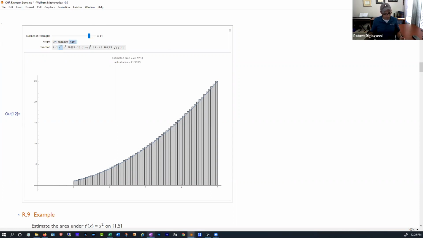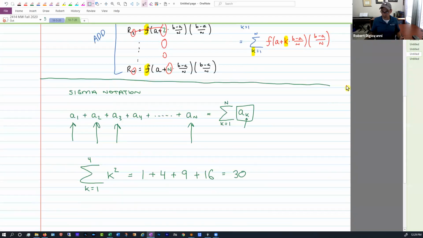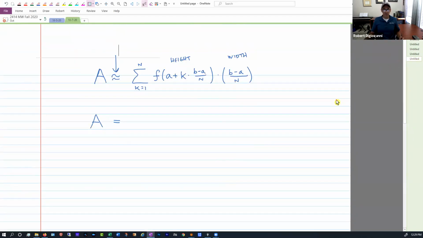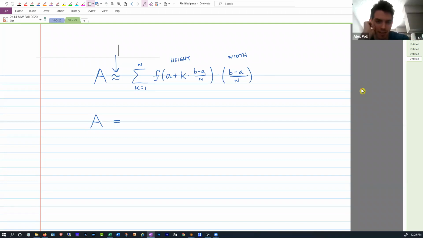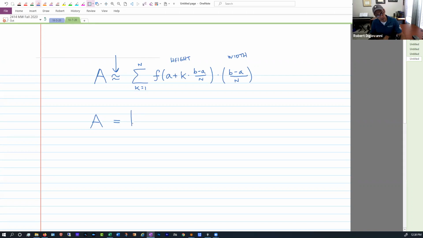But what saves us from actually having to be at infinity? A limit of n approaching infinity. Yeah, we take a limit here, right? So if we take the limit as n goes to infinity of this sum, then that should be the true area.